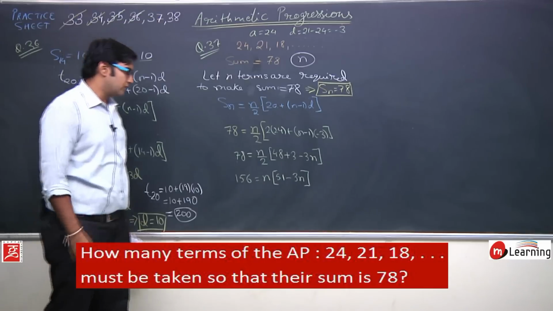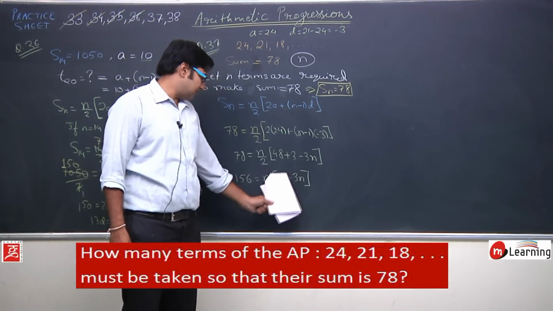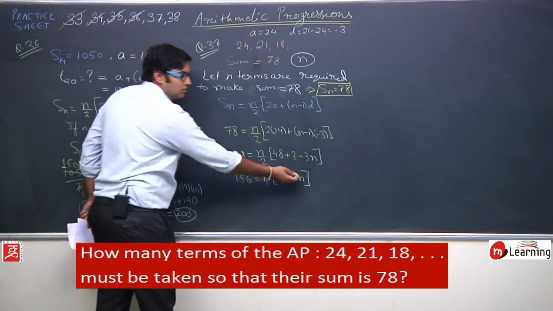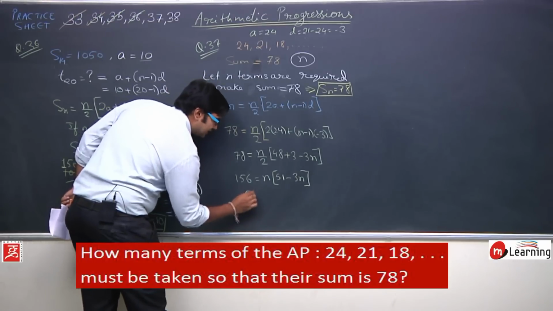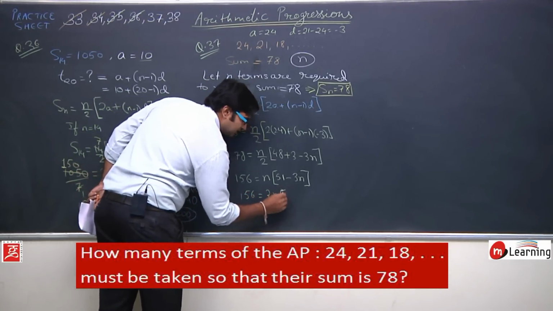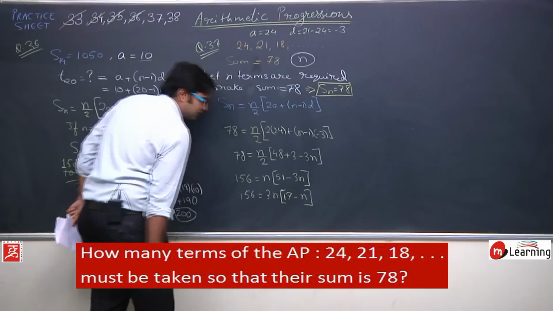So this is 156 and this is minus 3n. Now if I take 3 as common from this, I will get 156 is equal to 3 into n into the bracket, 3 1s are 3, 3 7s are 21 minus n, and bracket close.